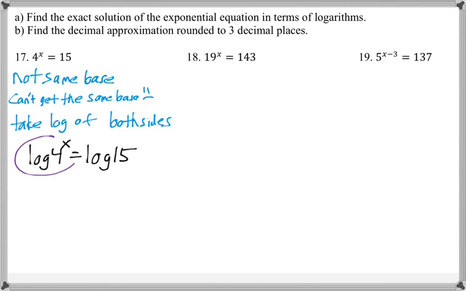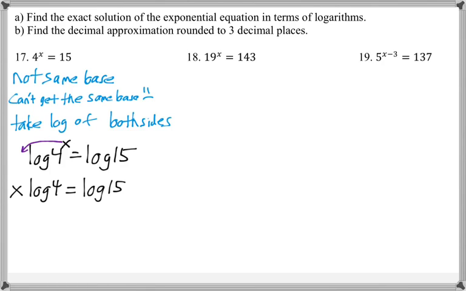So looking at this part right here, now that there's a log there, you can bring that x down to the main level using the power rule. So this is x times log of 4 is equal to log of 15. And then I can solve for x.